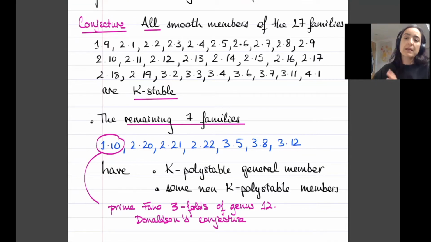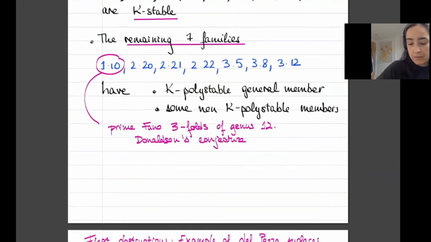Then there's a separate question, which is when you build a compact moduli space, you might include some non-smooth members as K semistable degenerations, and those might be K semistable, but here in all the other 27 families, we expect that all smooth members are K stable. Thank you.